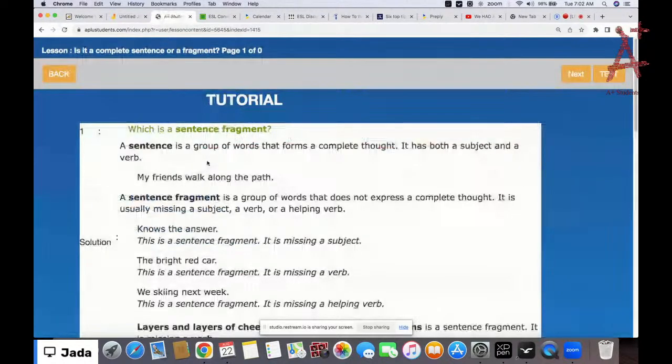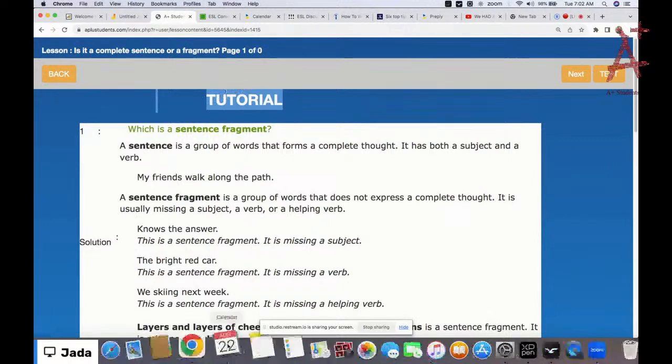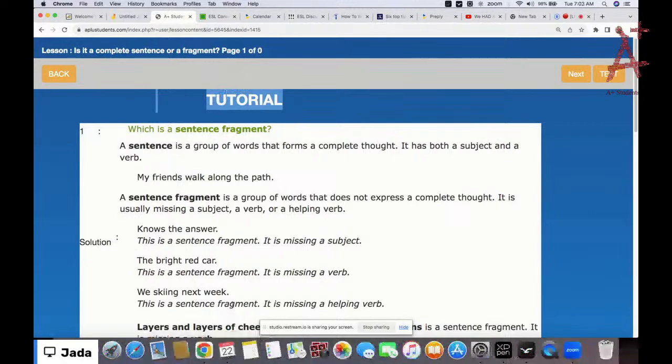So the first lesson says, is it a complete sentence or a fragment? First we need to know the definition of a sentence and then a sentence fragment. A sentence is a group of words that forms a complete thought.